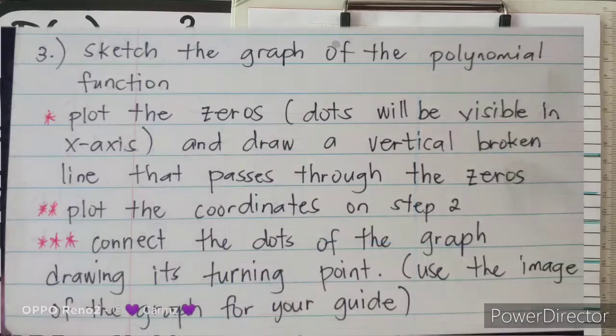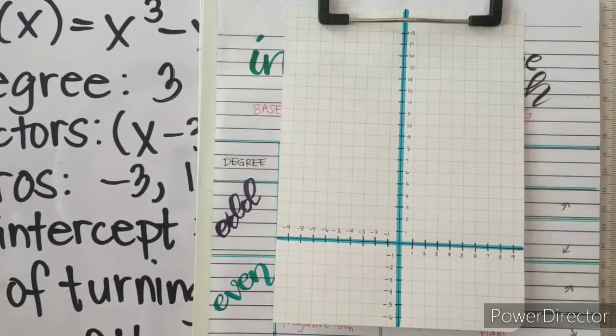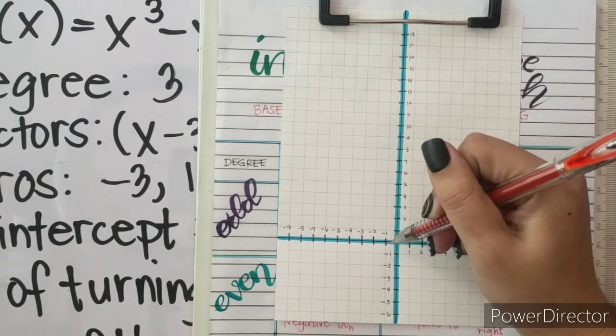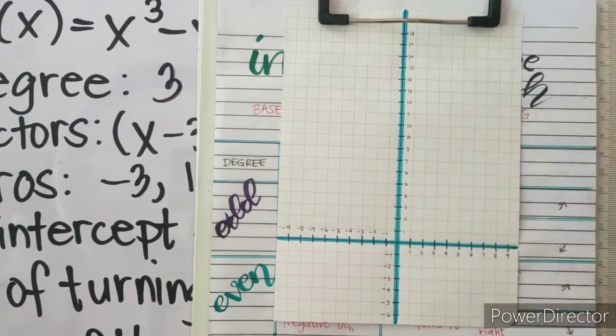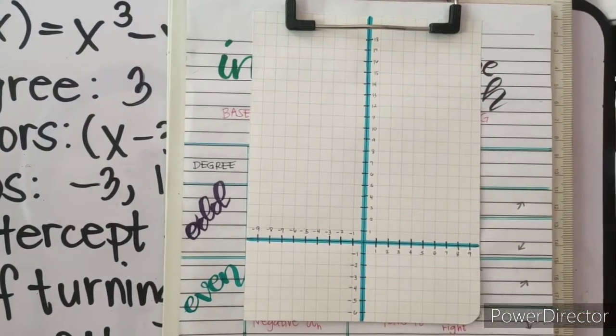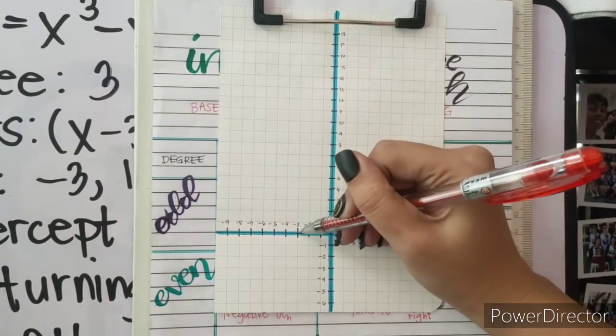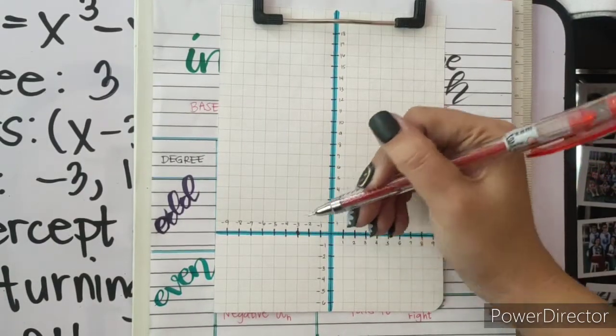Let's now graph our first polynomial. Ang una nating i-graph is yung zeros. And pagkatapos natin i-plot yung zeros natin, we will be drawing a broken line. So we have -3. So 1, 2, 3. So ito yon.